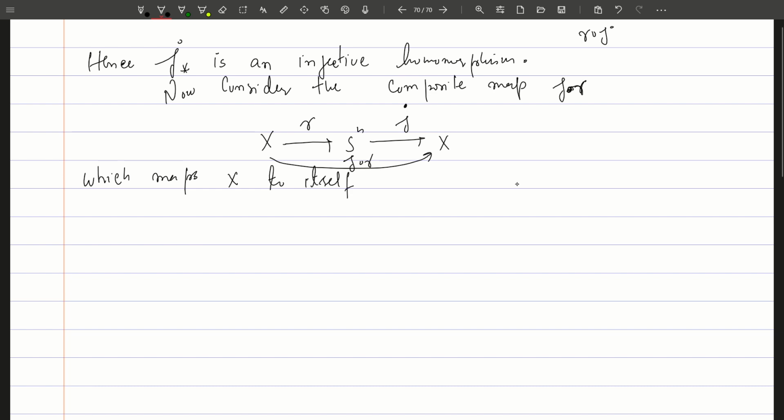Earlier we have seen this map is the identity map on Sn, but this is not the case here.